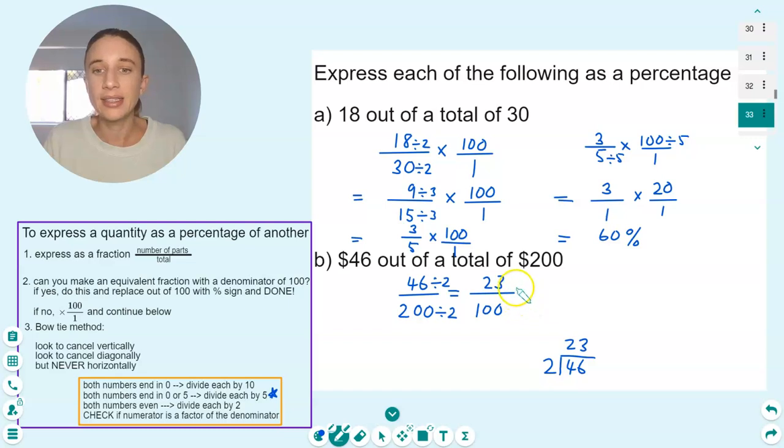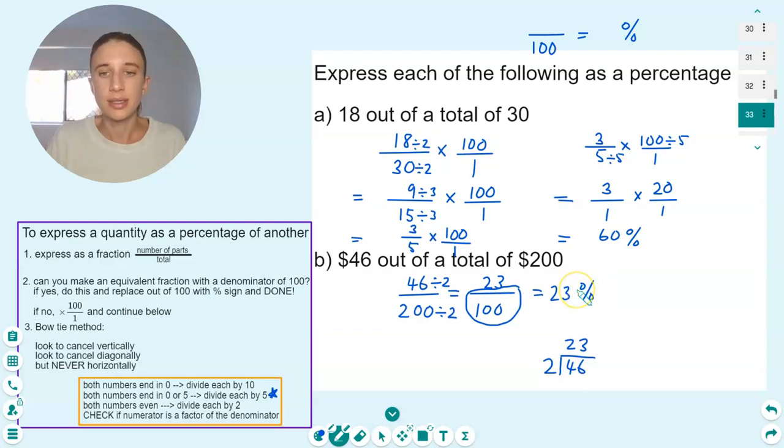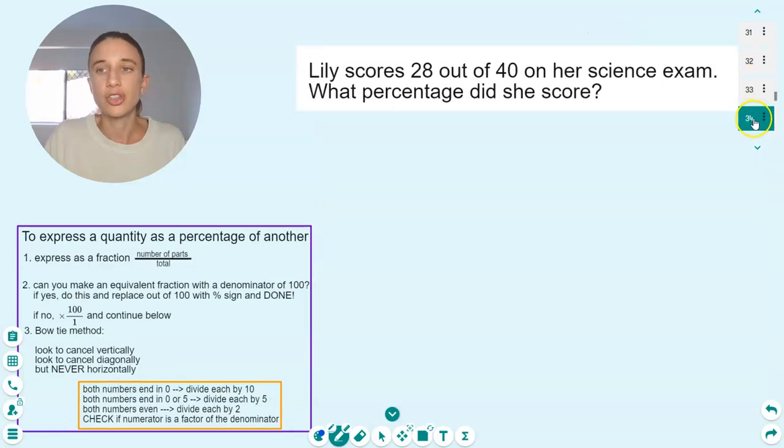And because this out of 100 sign means percent, we can write this as 23%. And we're done. First step, try and write that denominator as 100, and that simplifies your process.